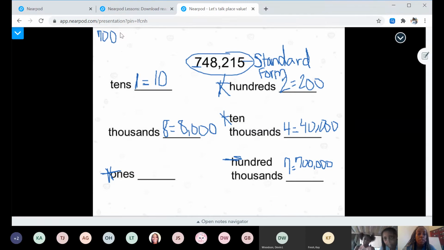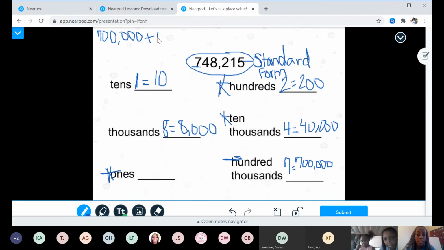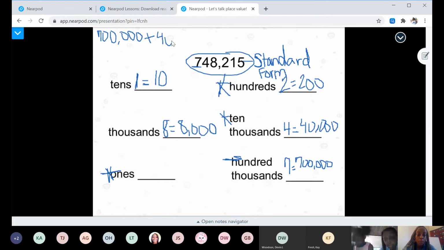So I'm going to write 700,000. And we're going to add them together. Plus our 4 that's in the 10,000s place, which was worth 40,000. Remember, this is expanded form because we can see the value of each digit.